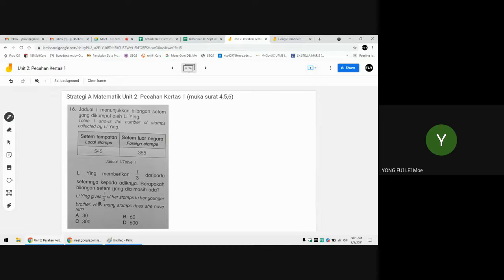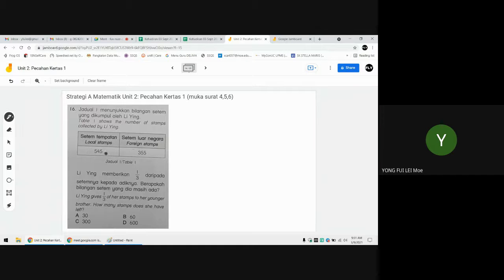Ling gives 1/3 of her stamps to her younger brother. How many stamps does she have left? Okay, so what do we do?